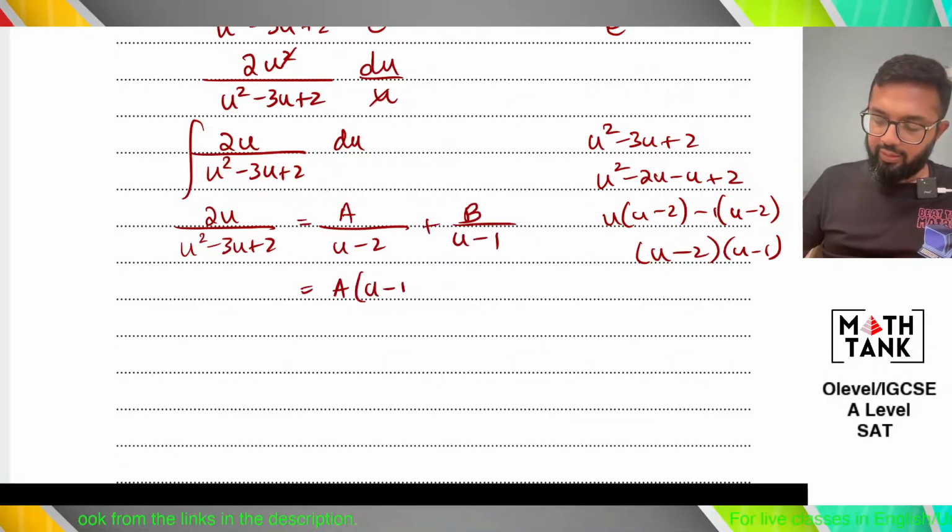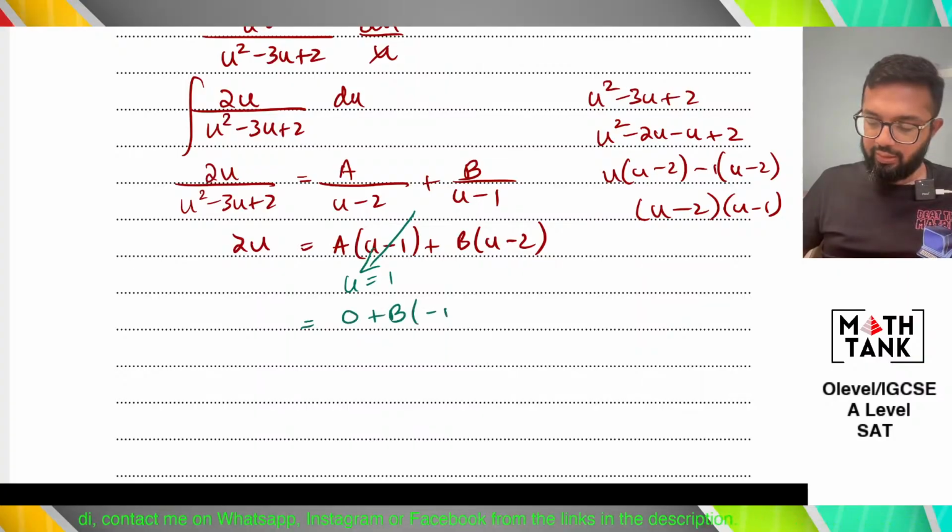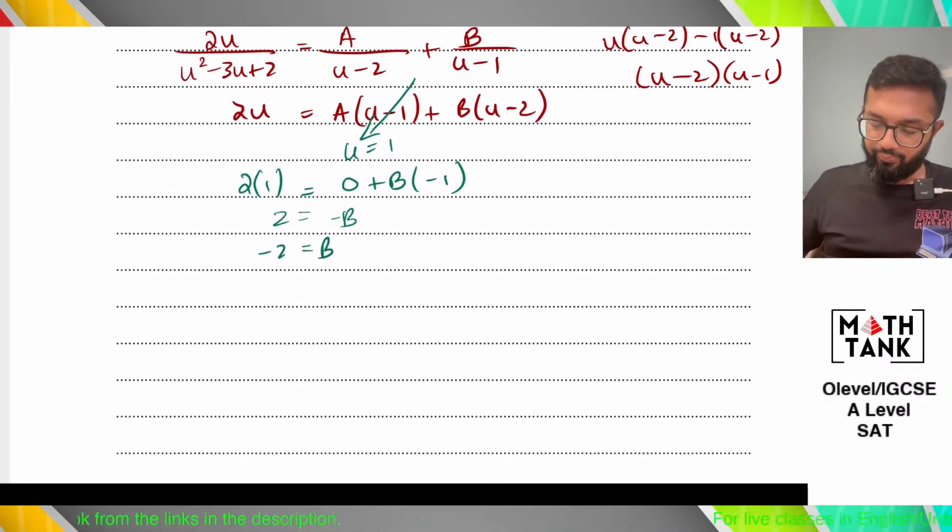So a times u minus 1 plus b times u minus 2, and the other side has 2u. So I use a cover up method, u equals 1. So 0 plus minus b. So minus b equals 2, b equals minus 2.